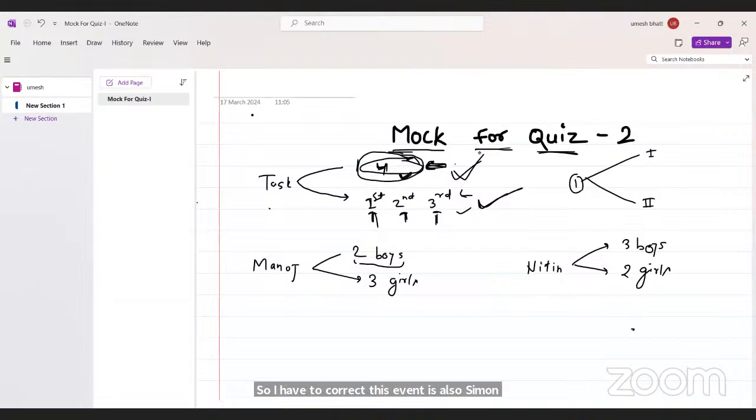Because if this is not simultaneous, then I can choose four. I have to select four projects for the next round.